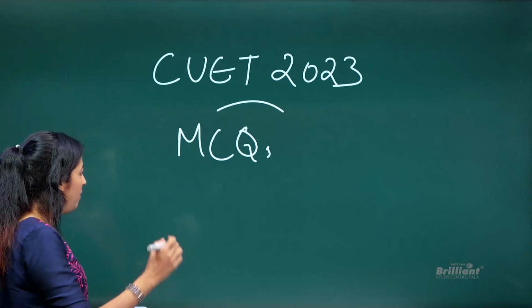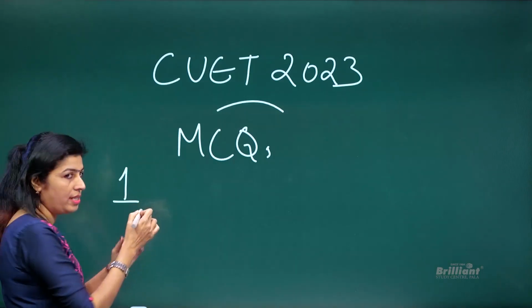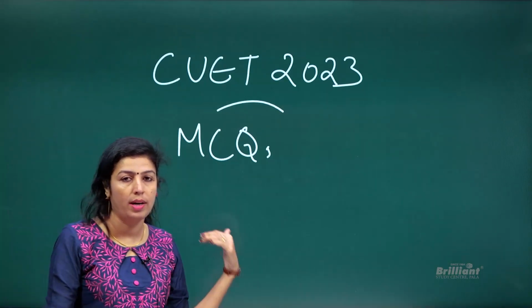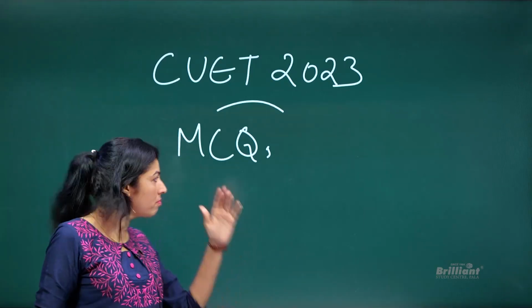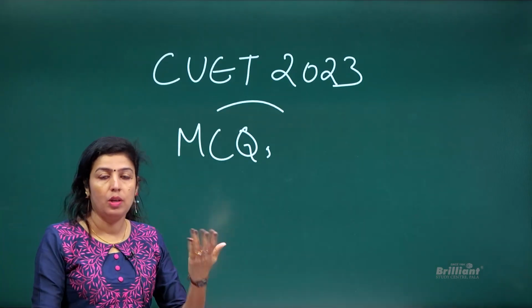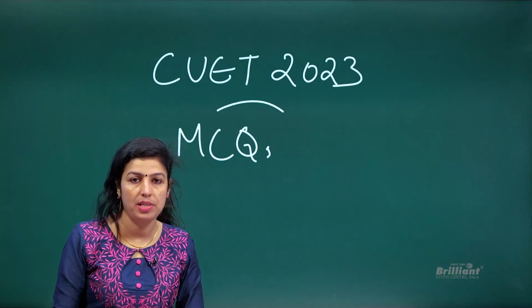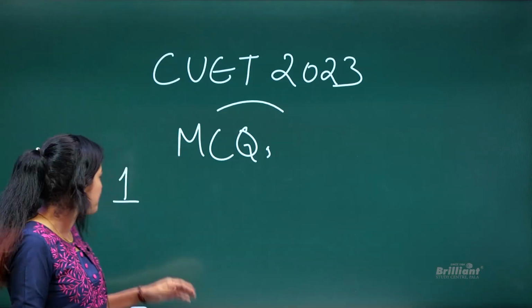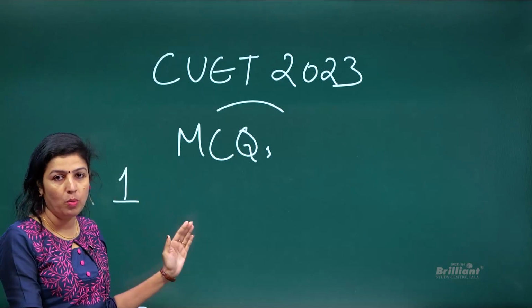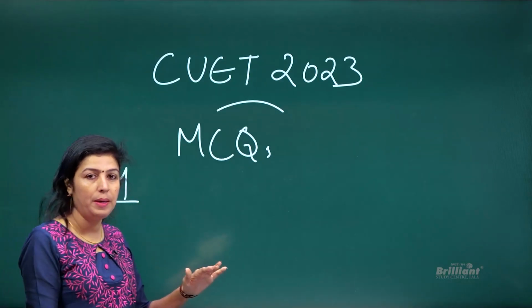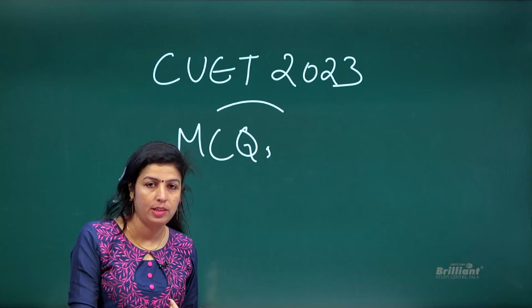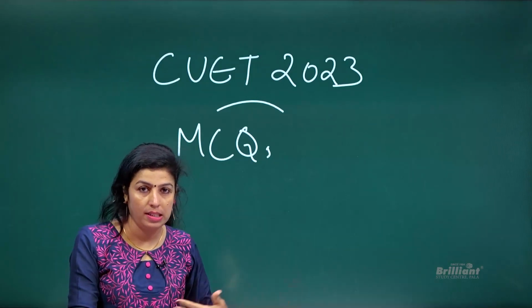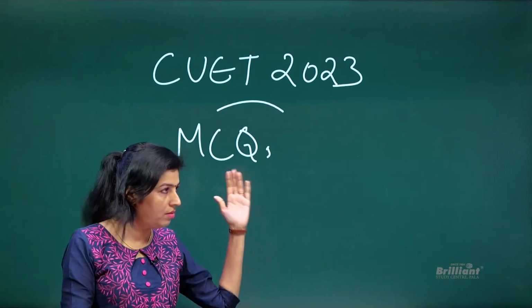Section 1 is divided into 1A and 1B, where we have questions based on various languages, and that is where we have our subject English. We will see that in detail after the next step.